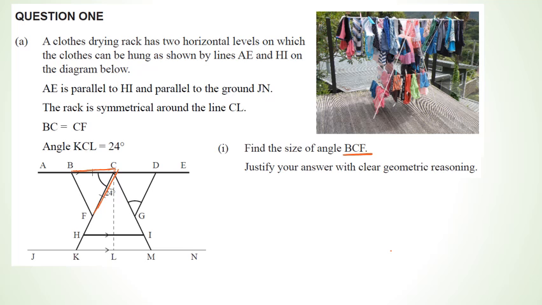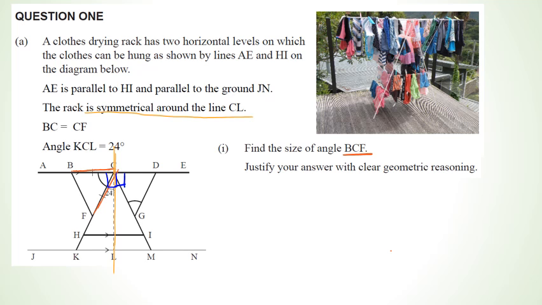Now the first clue is the fact that the rack is symmetrical around the line CL, which means anything to the right side of the yellow line is symmetrical to everything on the left-hand side of the yellow line, which means we can say that these two angles here are going to be 90 degrees.